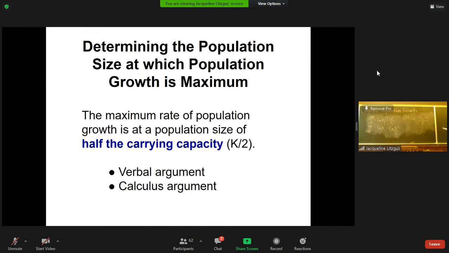Okay. So the next thing we're going to do is keep trying to simplify it some more. Now we're going to factor out that Rm again. So now we have 0 is equal to Rm times 1 minus 2n over k.